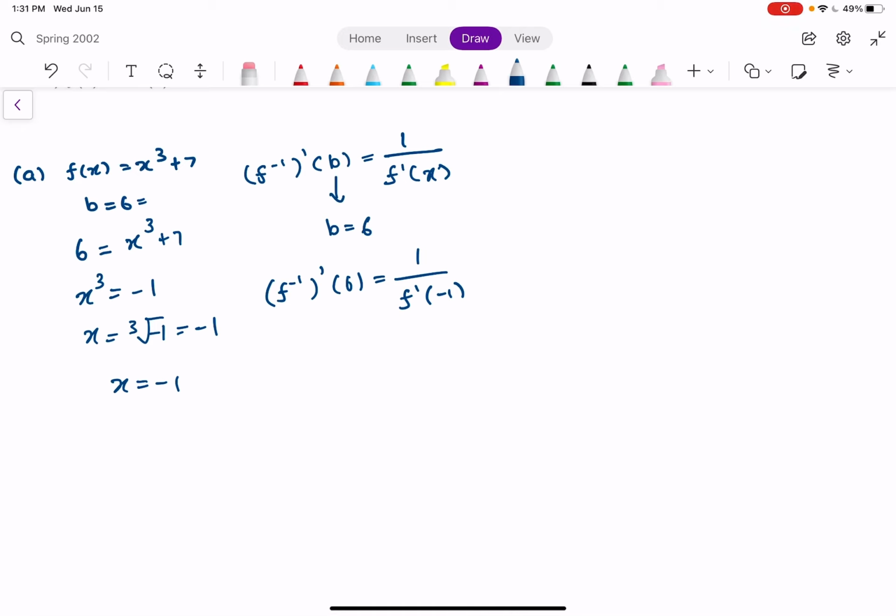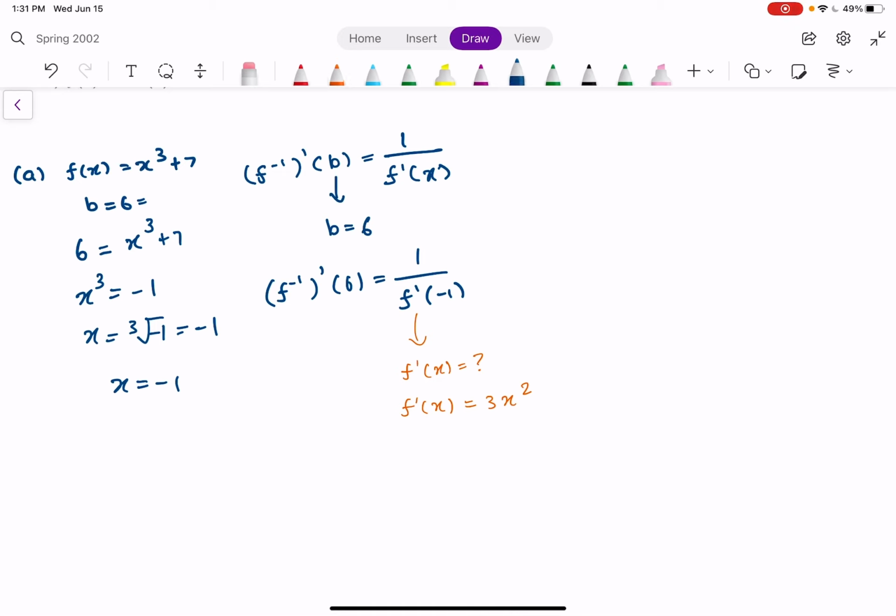So now, from here, we need to find f prime of x. f of x equals x cubed plus 7, so f prime of x equals 3x squared. This is just because I did the power rule. Now we're going to plug it in.